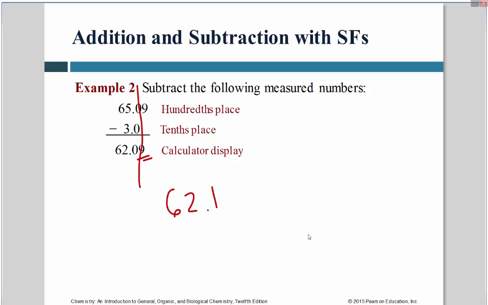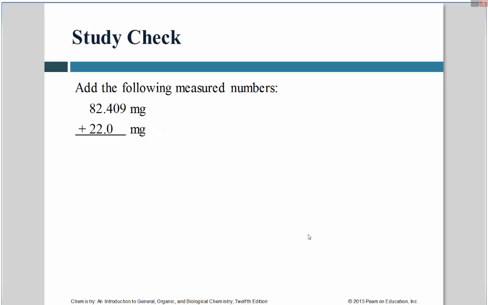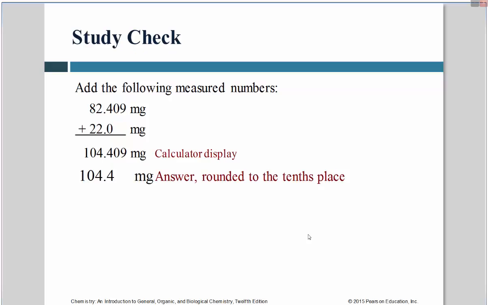And there you go, 62.1 because of where it's ended up. All right, so let's try this again. Draw the line after the 0 because that ends first. And that gives you 104.4 as the final answer. And that's how you use significant figures in calculations.